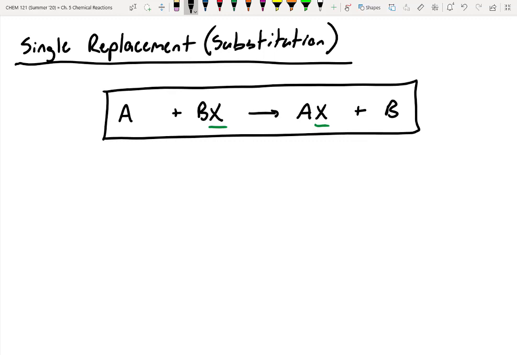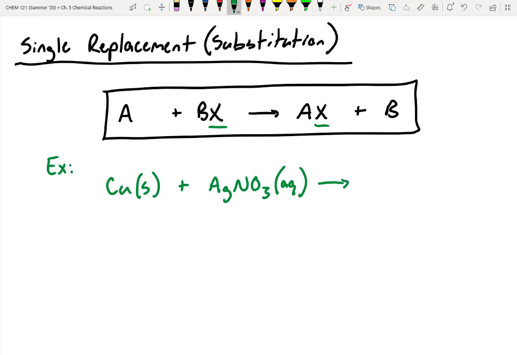So I'm just going to put a box around this, and let's take a look at an example of one of these reactions. One of my favorite ones is with copper. You can take copper metal, meaning just copper wire from your house, and put it in a jar. In that jar, add some water and then add silver nitrate, AgNO3. Because this is dissolved in water, we indicate that it's aqueous. That just means dissolved in water, right? The cool thing is when you combine this, you get a unique reaction.